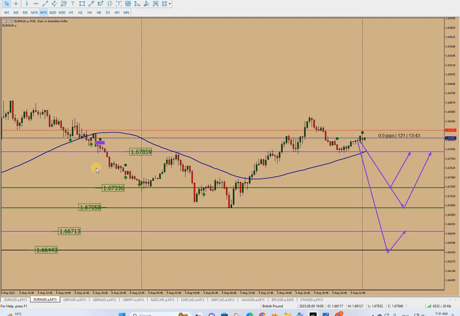When I find a level, for example on this red dot, I put the horizontal line under this candlestick, the small candlestick. This is a very important level. We put the horizontal line under the shadow of this candlestick.